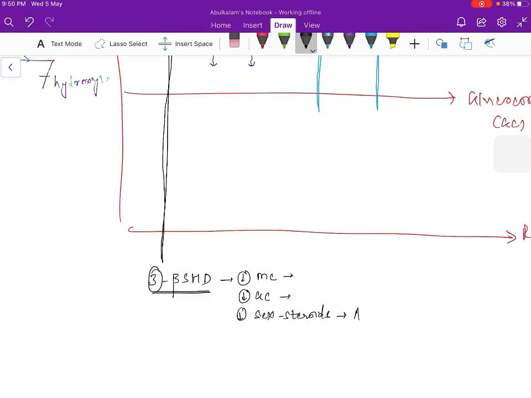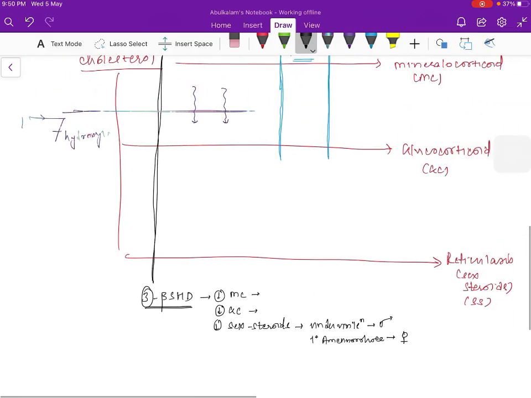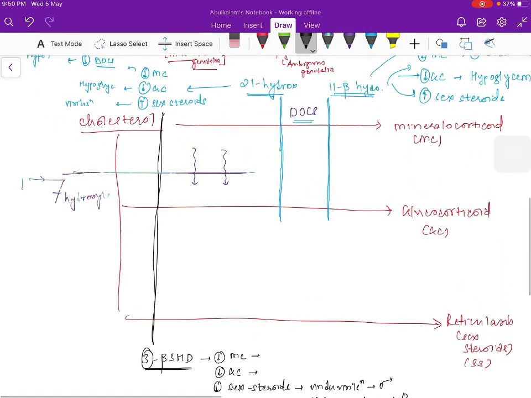Decreased sex steroids, it will present with undervirilization in case of males and primary amenorrhea in case of females, right?